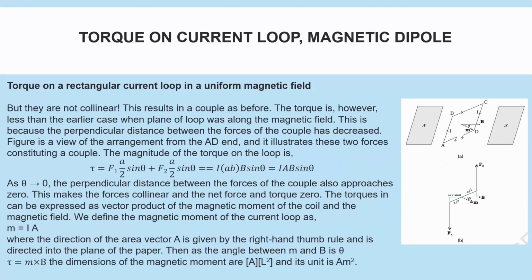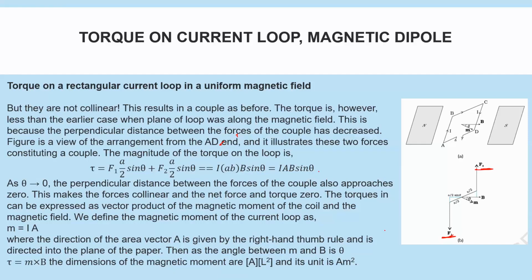But now you can see F1 and F2 are not collinear. Since they are not collinear, they result in a couple, just like we had seen in the previous case where the field and the plane of the loop were in the same plane. The torque is, however, less than in the earlier case when the plane of the loop was along the magnetic field. Why does this happen?